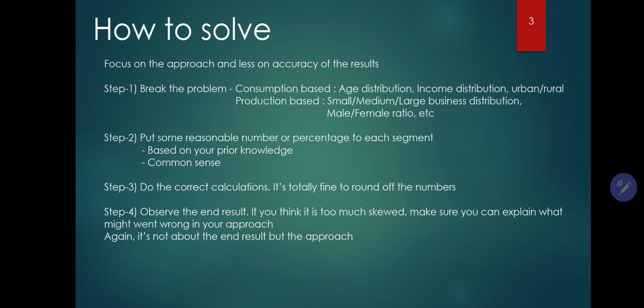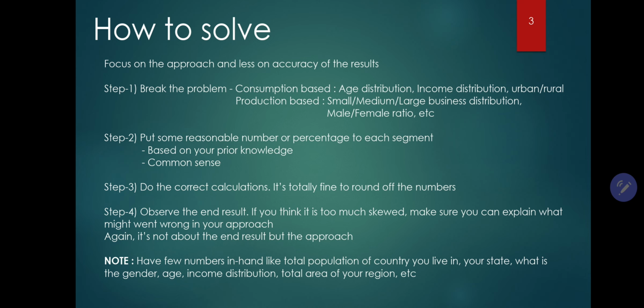There can be cases like you have considered some non-realistic income distribution or urban rural distribution, right? It is totally fine, but you should know what went wrong in your calculation. And again, it is not about the end result, but about the approach which you use.